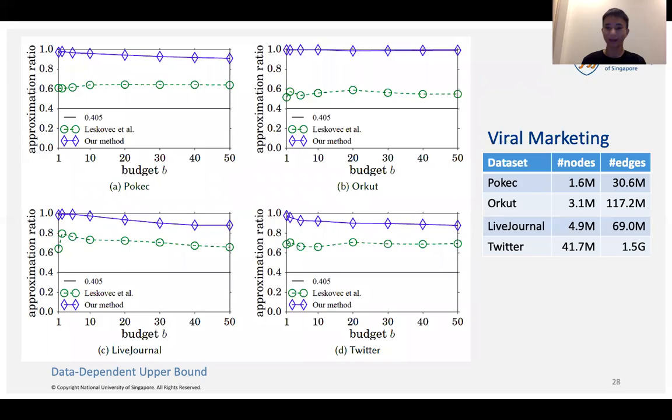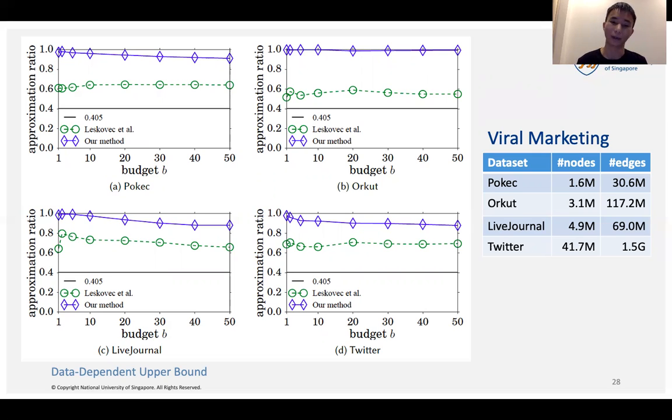Okay, now let's see some experiments that demonstrate the tightness of our upper bounds. We use several data sets with millions of nodes and even billions of edges. Say, the Twitter data set, we use the application of viral marketing to demonstrate the MSK problem. We derive the upper bound and we compare the upper bound with the modified greedy solution.